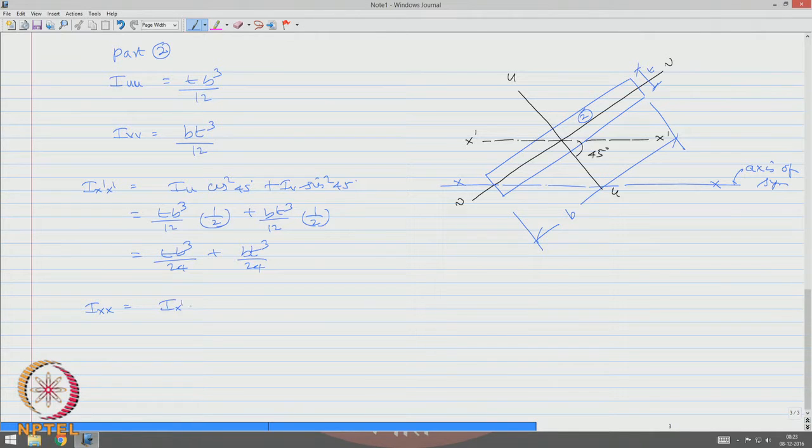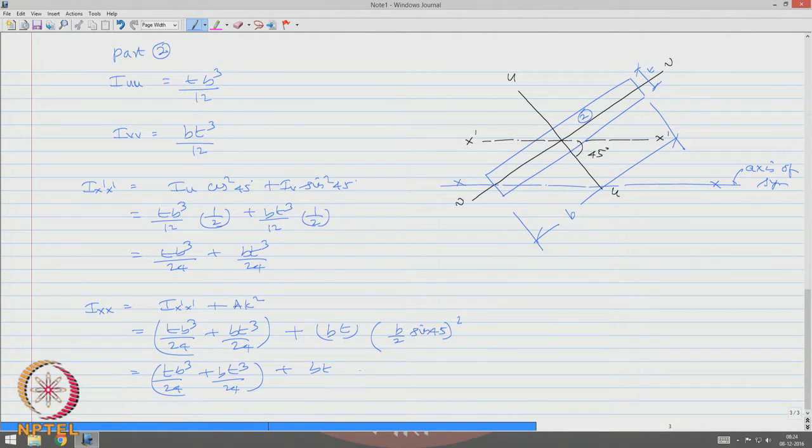So, I should say this is I x dash plus A k square, the parallel axis theorem, which will be T cube B cube by 24 plus B T cube by 24 plus B into T, which is the area, and k will be B by 2 sin 45, the whole square, which gives me T cube B cube by 24 plus B T into, so which will give me, so I have two B cube terms.